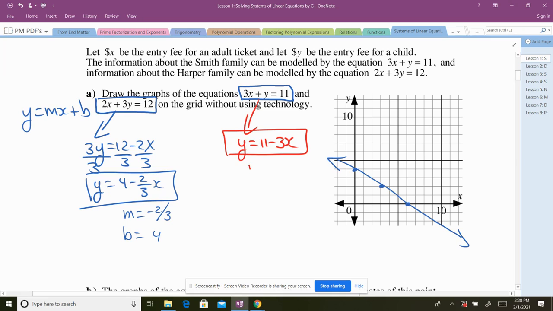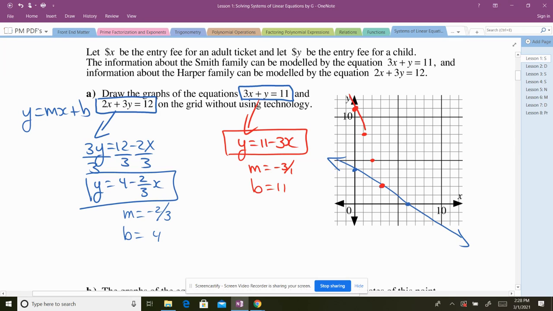What's my slope? -3, I'll write it as -3 over 1, and my y-intercept is 11. So up to 11, I go down 3, 1, 2, 3, and over 1, down 3, and over 1, down 3, and over 1.